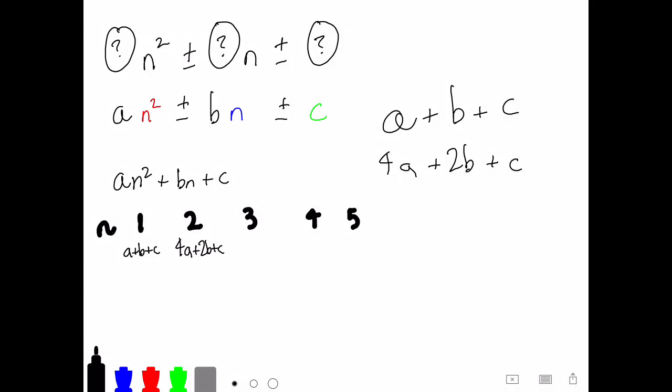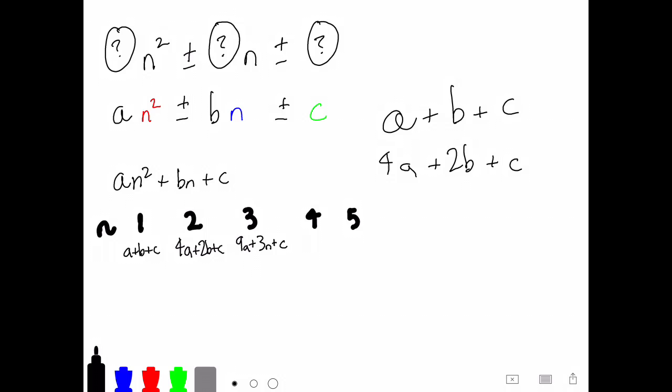And if you continue this, you will be able to find the algebraic expression for any term. So for example, the third would be 9a plus 3b plus c.